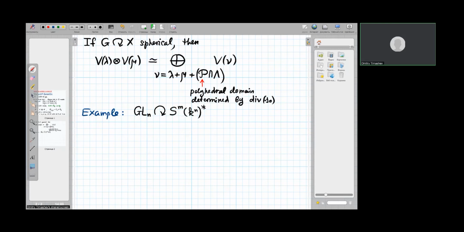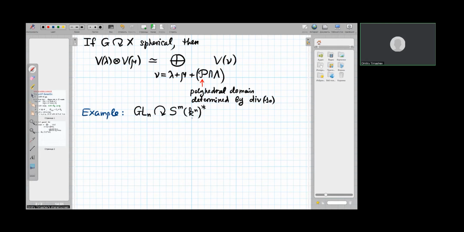Adding a star is harmless because if we find a tensor product decomposition, for instance, then taking the duals, we can turn back to the initial representations without this star. So we shall consider the symmetric powers of the dual of the standard representation.